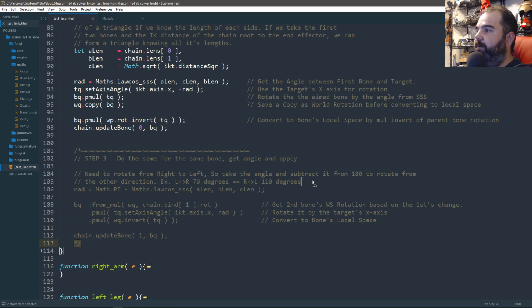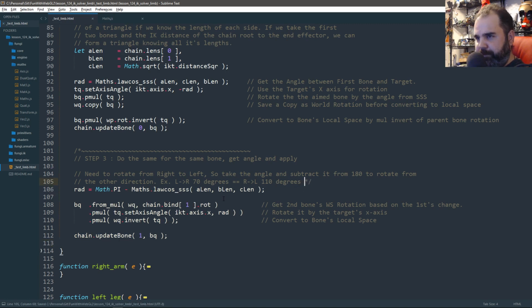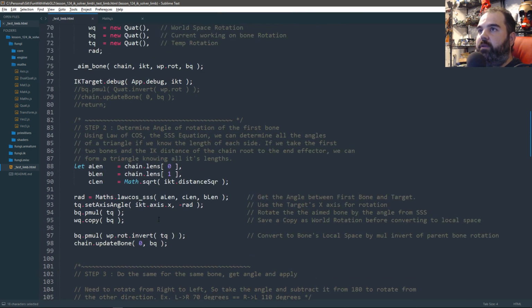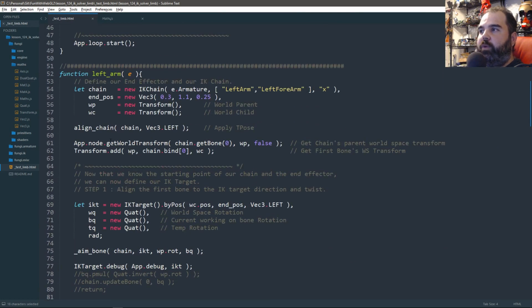It's all good. Now this one's a little trickier, even though it's the same thing. So like I said, we know we want the two bones, and the effector length is the opposite. So it's straight through A, B, and C. And we take the bind pose of the rotation, because I don't know if I mentioned in the video, when I apply the T pose, I'm not actually modifying the bind pose for the actual armature.